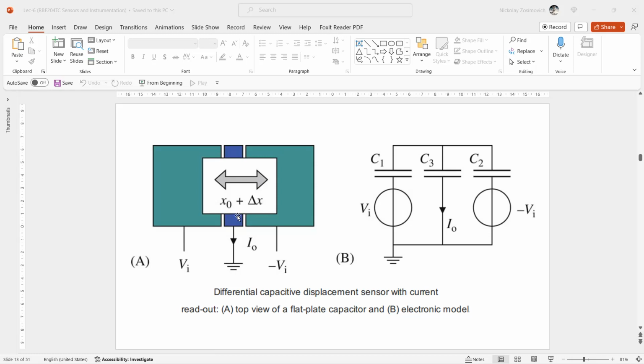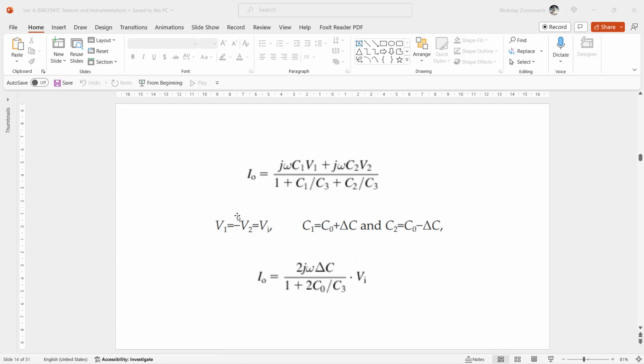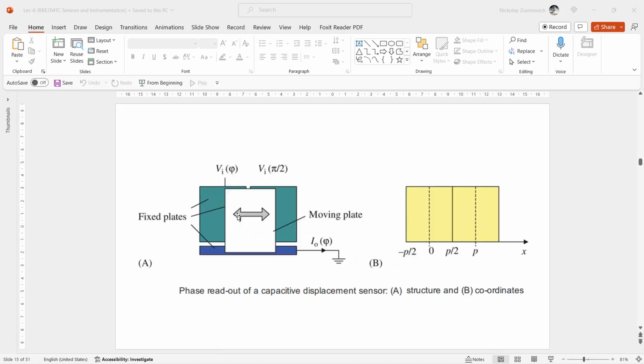An alternative readout scheme is shown in a previous figure, where two adjacent plates are supplied with two sinusoidal voltages with a phase difference of pi over 2. In this case, the voltages are capacitively coupled to the common readout electrode via the moving plate of the capacitor, similar to the design in figure A on the left side of this slide.